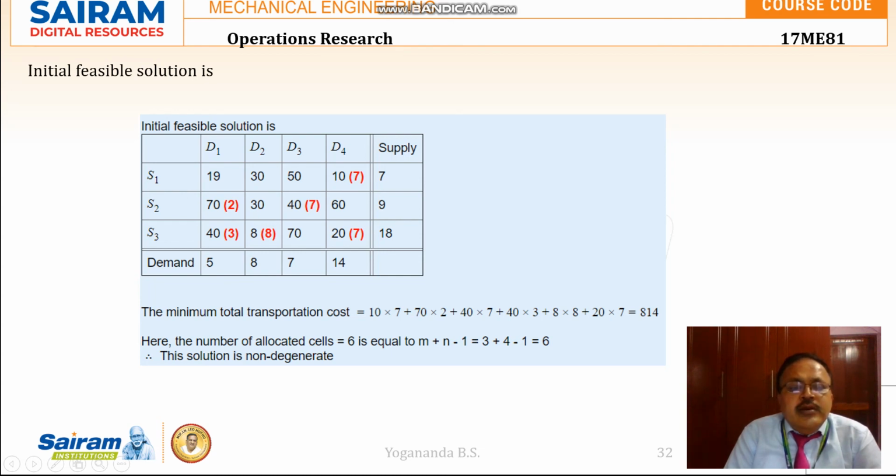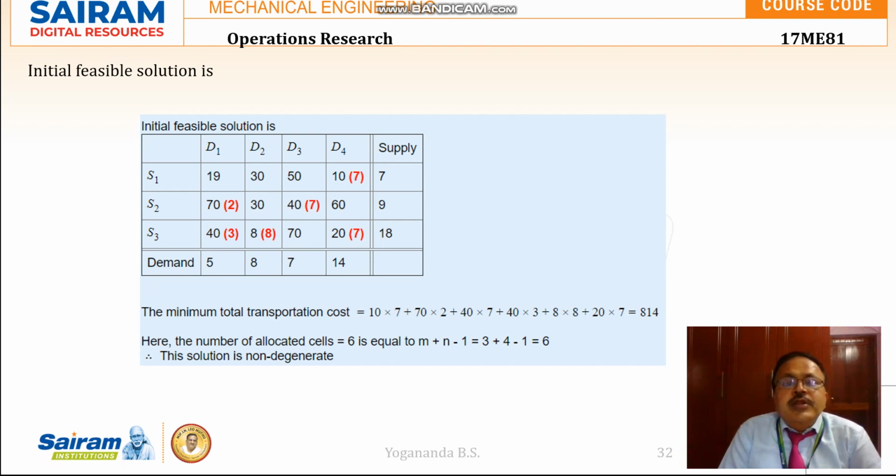We made allocations at 6 places, and it is equal to m plus n minus 1, where m is the number of rows and n is the number of columns, 3 rows and 4 columns, minus 1. Since 30 is repeated at more than one place, we go to the next allocation. The total transportation cost is 814.